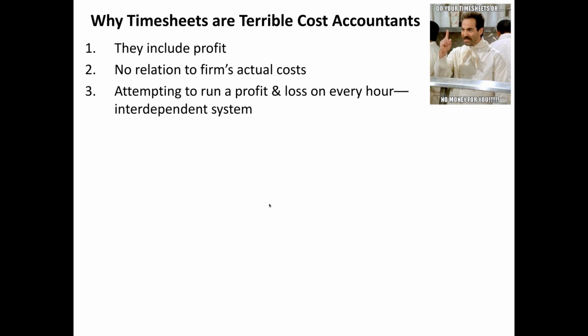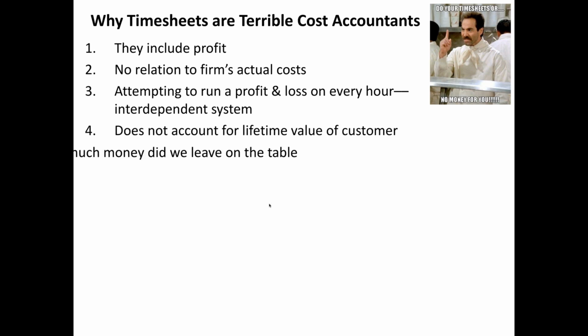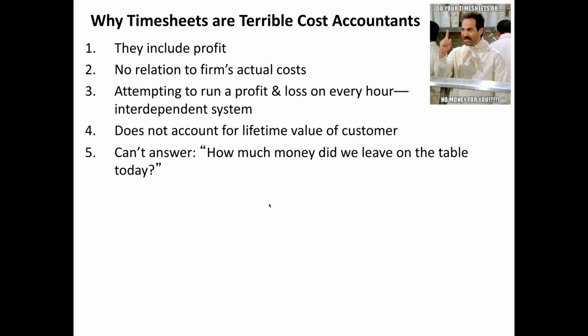It's kind of crazy, because parts of the system are going to be less efficient, and they need to be in order for the whole to be more effective. It does not account for the lifetime value of the customer. It can't answer the pricer's most important question, which is how much money did we leave on the table today? In other words, what price could we have charged versus what we did charge? And that question, cost accounting in general, cannot answer.